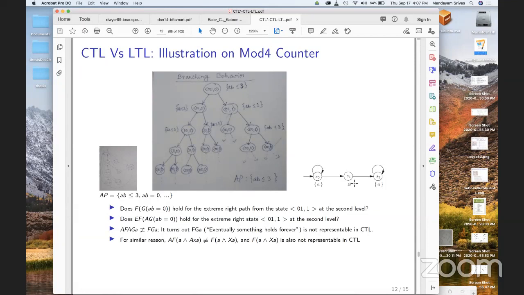But that path satisfies AF AG A, right? Because F means after some time. No, that may be so, but the question is, does S0 satisfy AG of A?